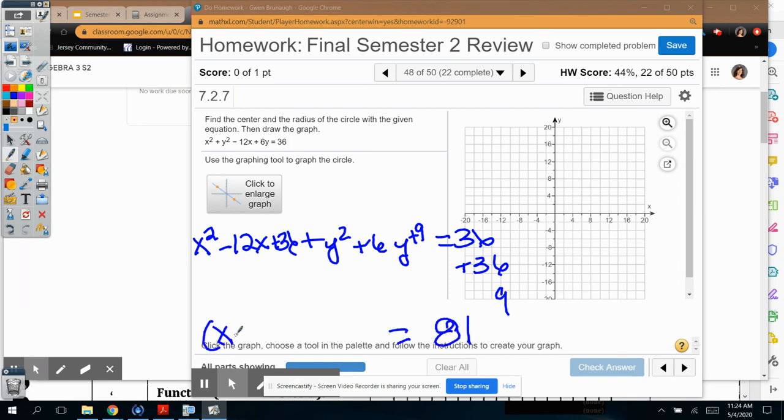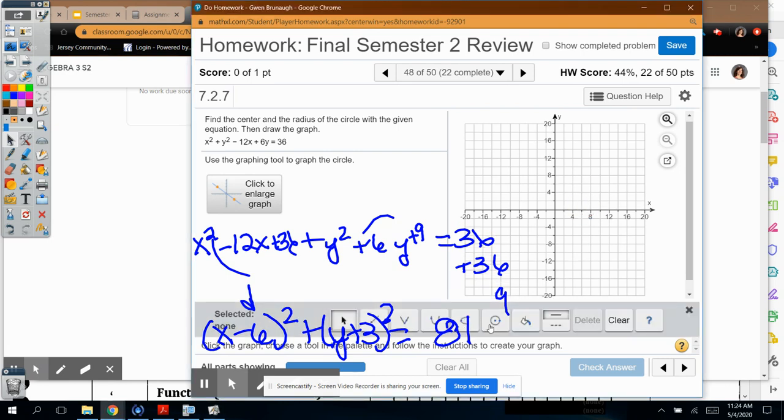And you have an x minus 6 squared and a y plus 3 squared. These numbers come from half of whatever this is. So that means my center is at, change the sign, 6, 3. And I hate this for you, but they're going by 2s. So 6 is right here, 2, 3.